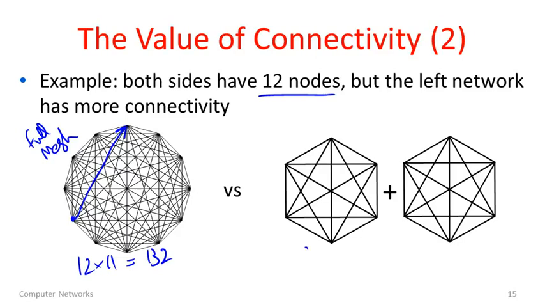So inside one of these networks, we have 6 by 5 unidirectional connections. That's 30, plus another 30, that's 60. So you can see that for 12 nodes here, we have a lot more potential connections from one node to another node in the larger network on the left-hand side than on the right-hand side. And that's why larger networks are more valuable.